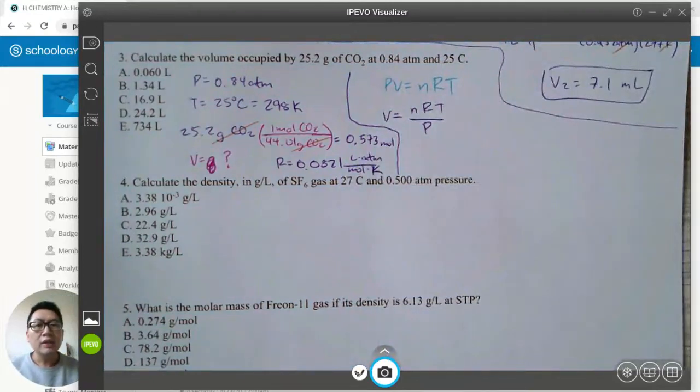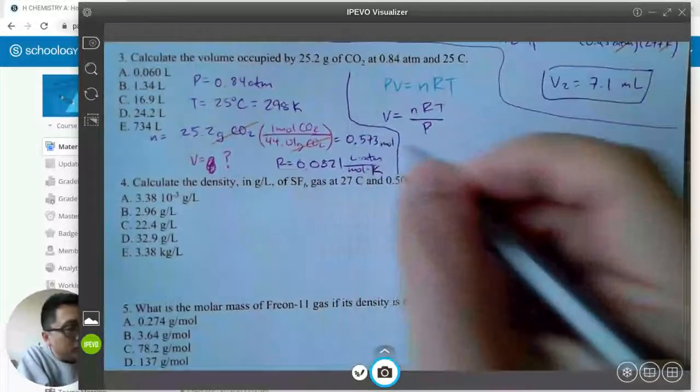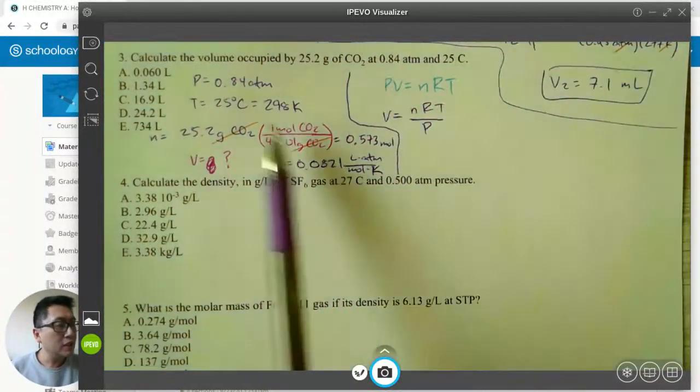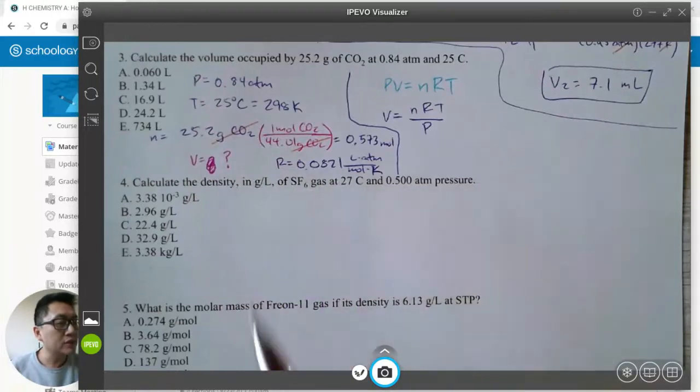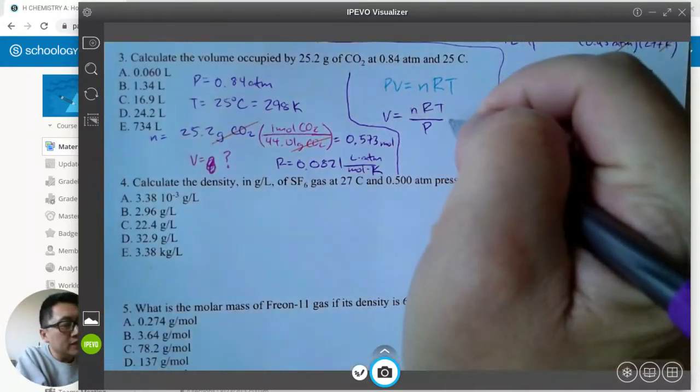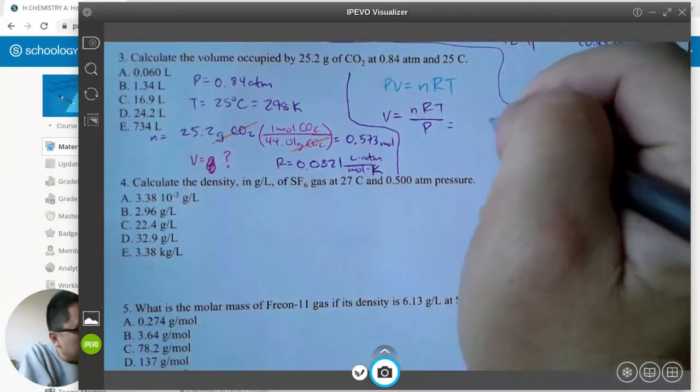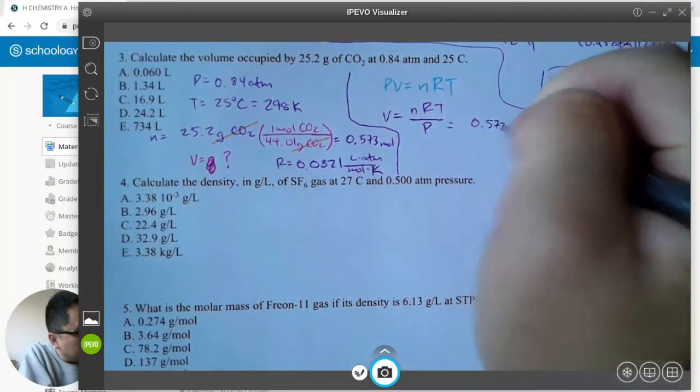Okay, so the number of moles, n, is equal to 0.573; P, 0.84 atmospheres; T, 298 kelvins; R, 0.0821 liters atmospheres per mole Kelvin. I can plug into the equation now. V is equal to nRT over P. So plug it in and see what you get. n, again, is 0.573 moles.